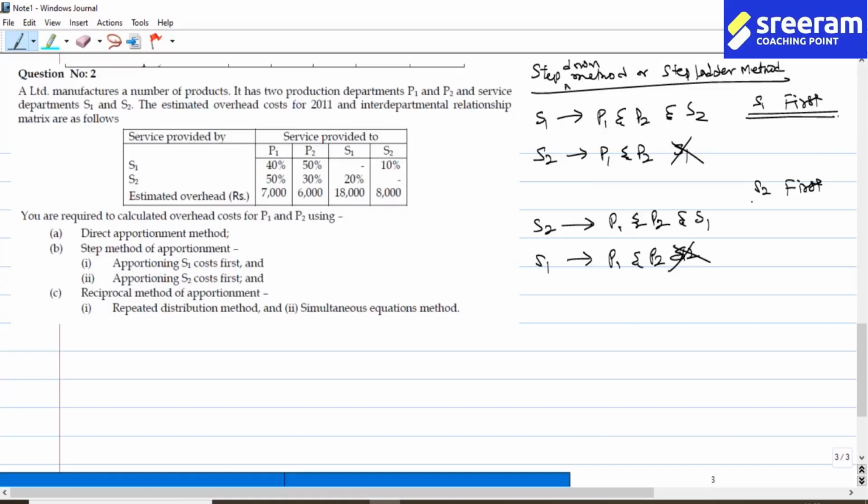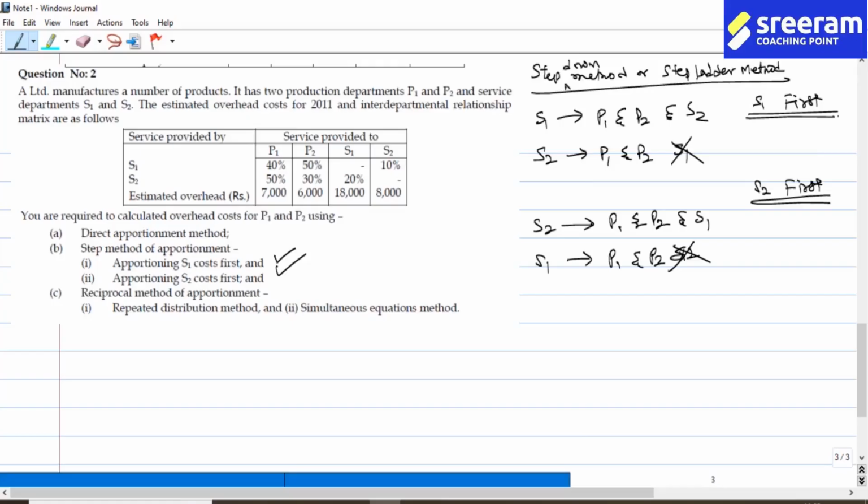You take up S1 first and distribute in this pattern, and you can try the other alternative where you distribute S2 first. S1 first you can work out, and S2 first also you can work out. That is the way the question is also asked.